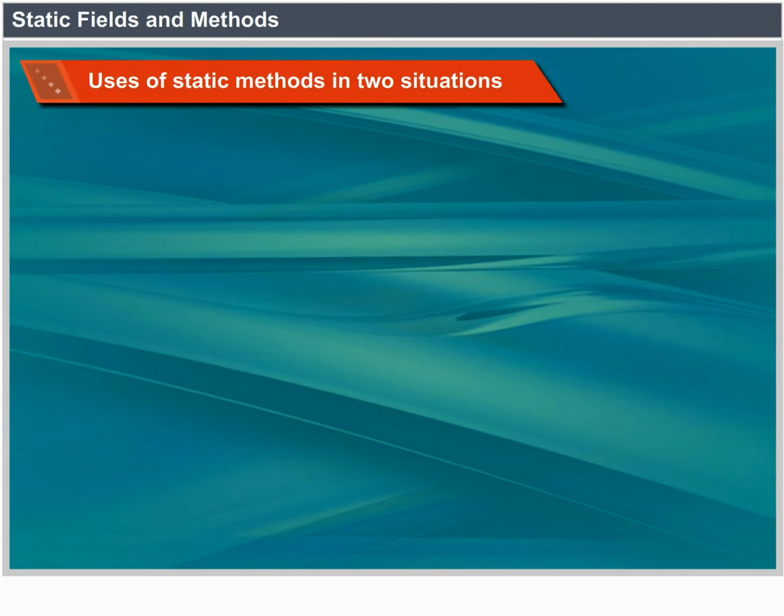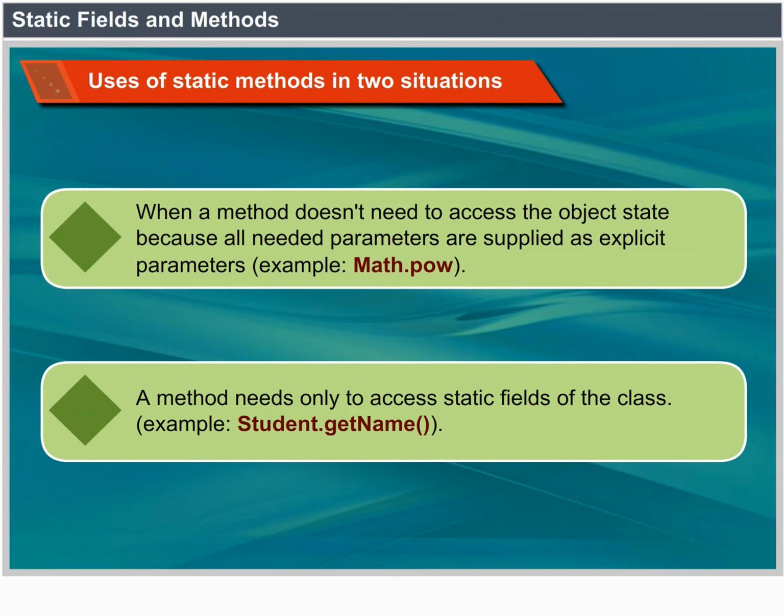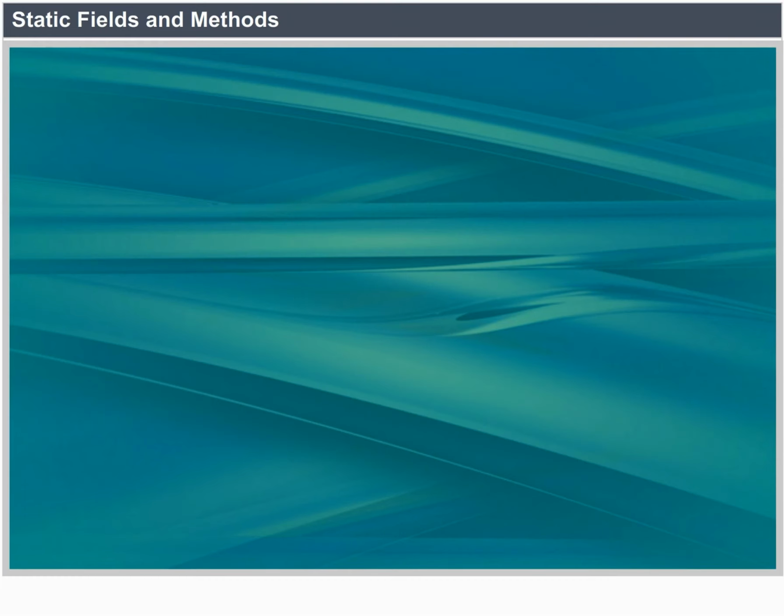Use static methods in two situations. When a method does not need to access the object state because all needed parameters are supplied as explicit parameters, for example Math.pow. Or when a method needs only to access static fields of the class, for example Student.getName. The main method.